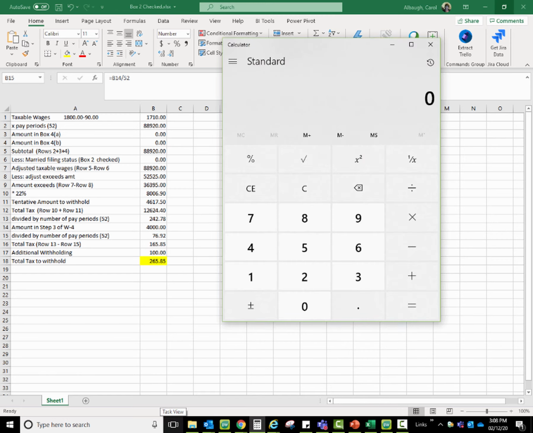Let's bring up our calculator and divide the $4,000 by the 52 weeks, and we get $76.92. Let's take the $242.78 minus the $76.92 for the credit for our dependents. That leaves $165.86 in federal income tax that should be withheld from our payroll check.